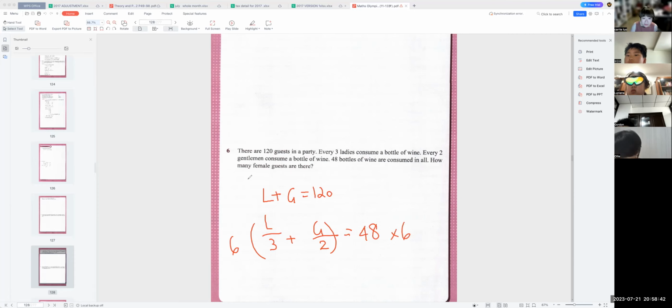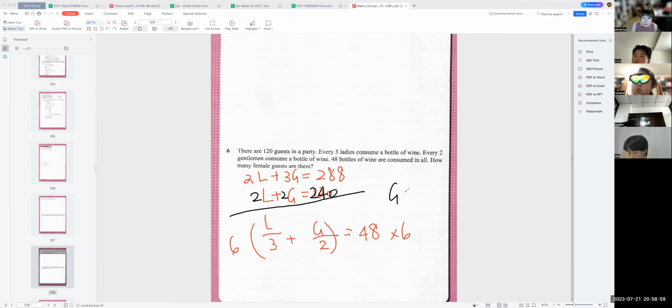So 2L plus 3G equals 288. And I'm going to times 2, so 2L plus 2G equals 240. Subtracting, the gentlemen equals 48. So how many ladies are there? 120 minus 48 equals 72.